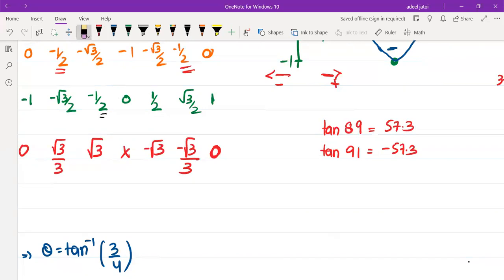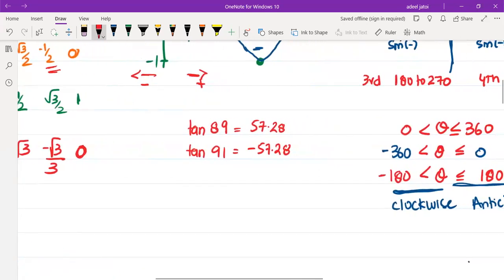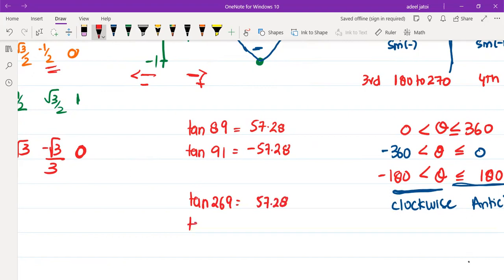More exactly, it is 57.28, so let's take 57.28. The other value: tan 270 was a math error, so let's take tan 269. Your answer will be again 57.28, and tan 271 will again be minus 57.28.